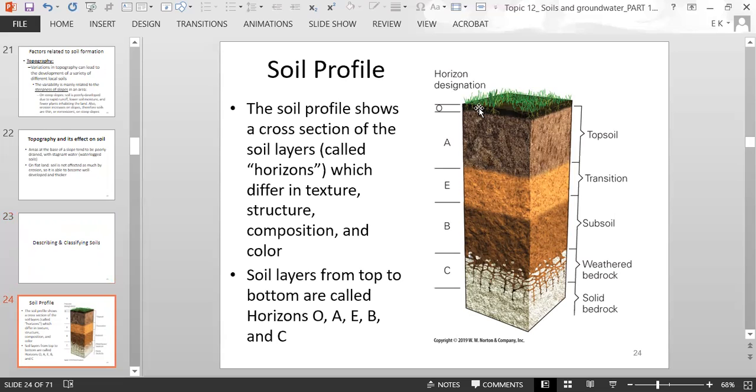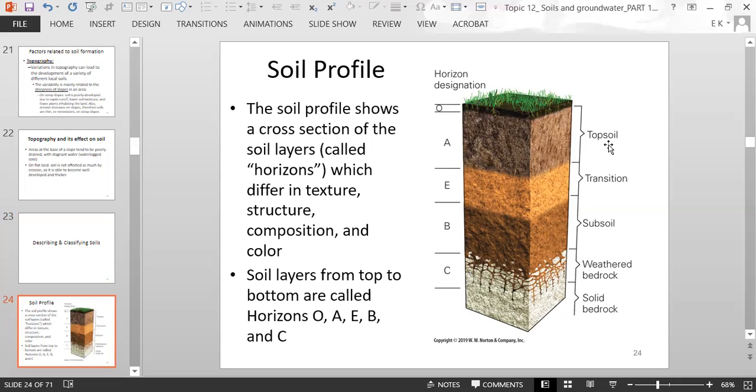The soil layers from top to bottom are called horizon O, A, E, B, and C. So O is generally your organic material, your humus layer. They're showing you it is a darker black color, rich in organic material.